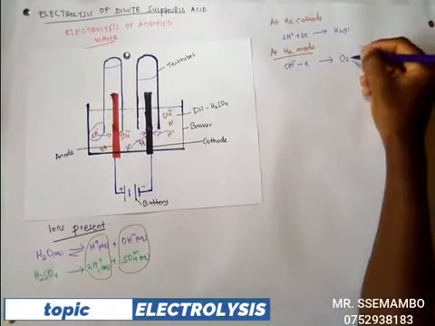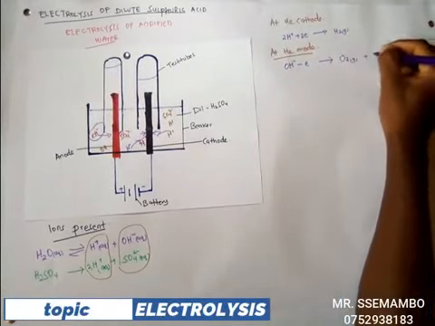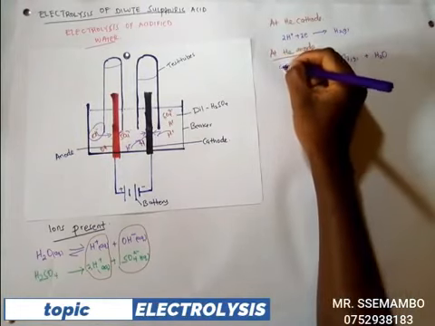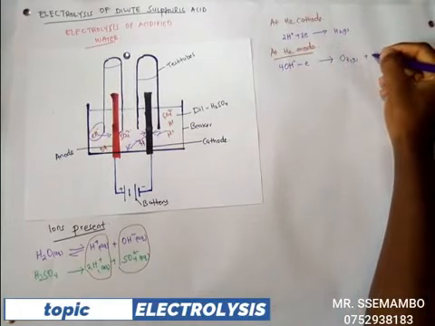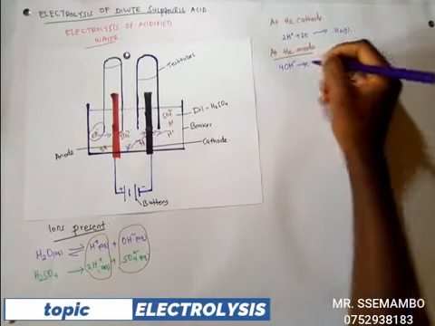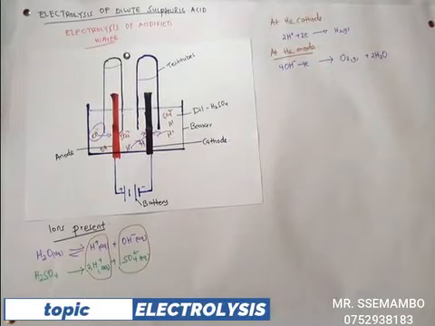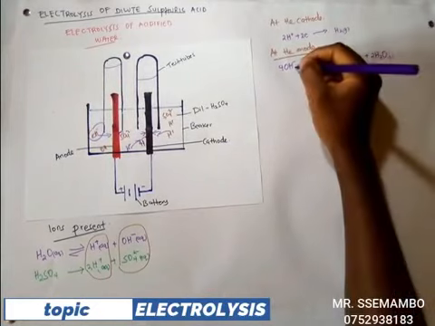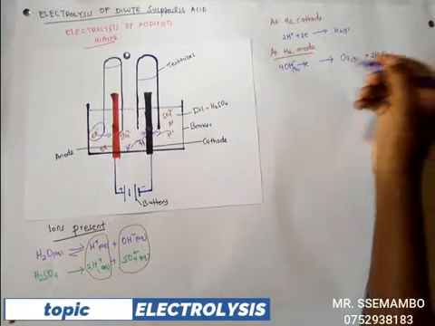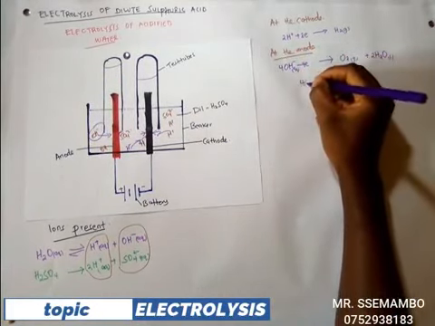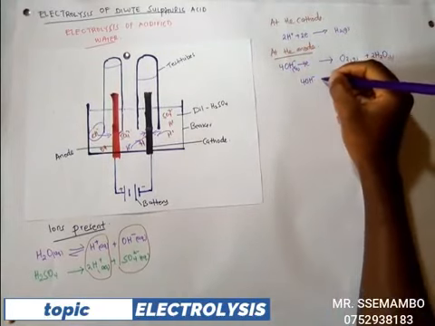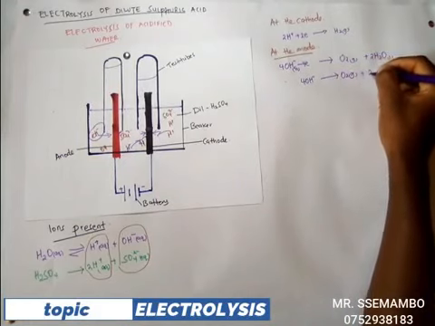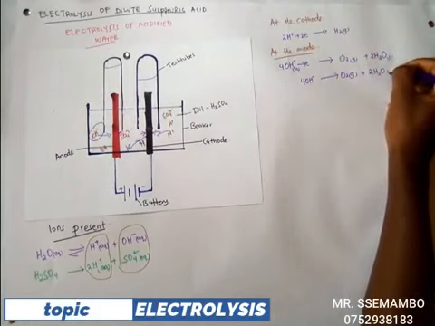So minus electrons, giving us oxygen gas, then plus water. How do we balance this? Balance by putting a 4 here, a 2 here, then a 4 here. But it is not right to put a negative in a chemical equation. So what do we do? This one is aqueous, this is liquid. We write 4 hydroxyl ions give us oxygen gas plus 2 water molecules.